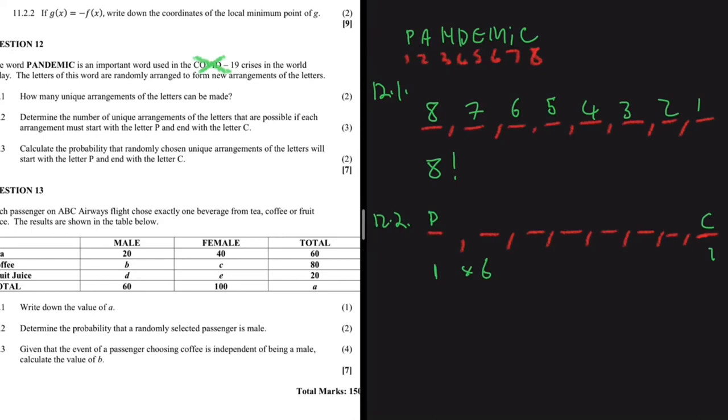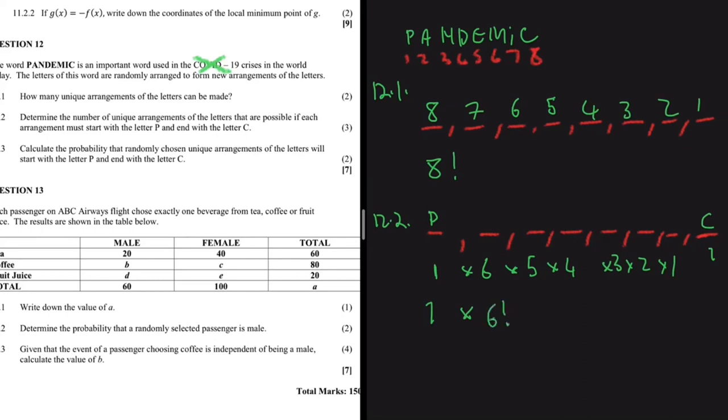And then on the next position, we have 5 possible letters because we have exhausted 3. And then on the fourth position, 4, 3, 2, 1, right? So we have 1 multiplied by 6, 5, 4, 3, 2, 1. So that's basically 6 factorial.